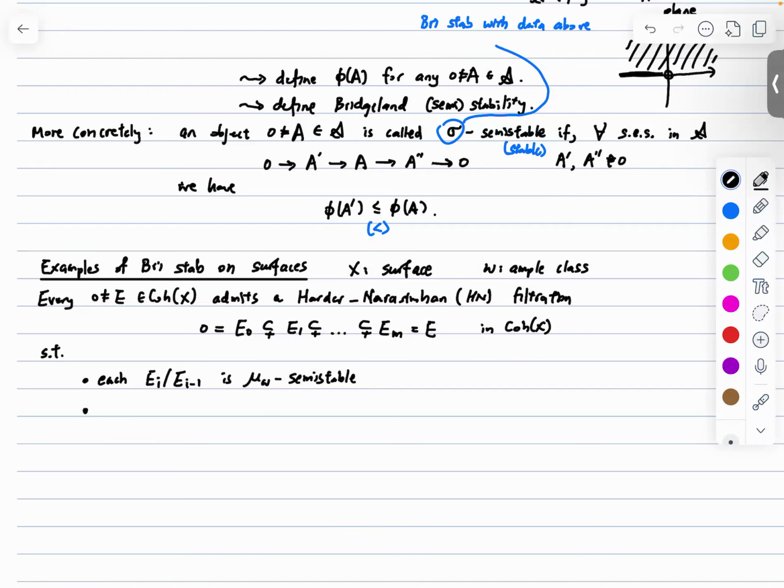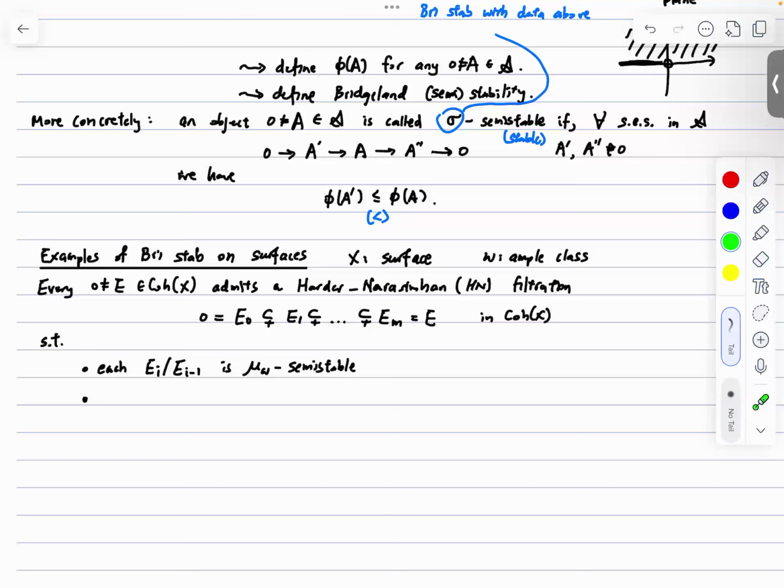And the second property of such a filtration is if you look at all these factors in order from left to right, then their slopes, their mu's, are strictly decreasing. So the slope of E_1 mod E_0 is bigger than the slope of E_2 mod E_1, and so on, all the way to the last factor in this filtration.